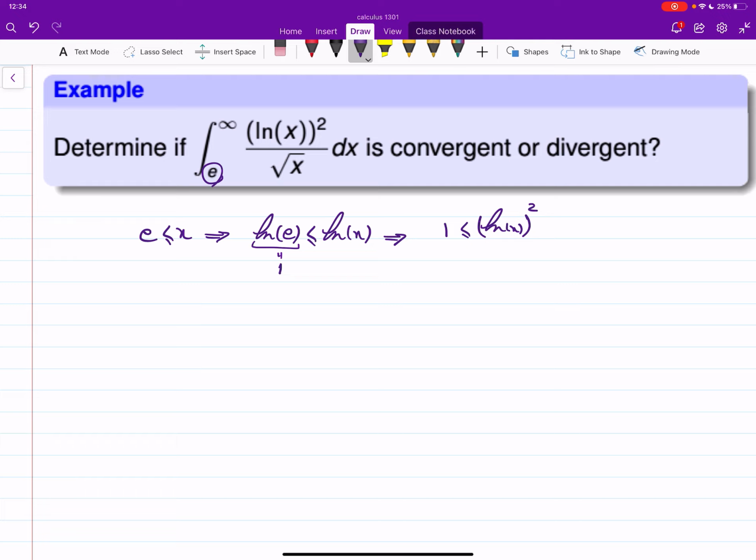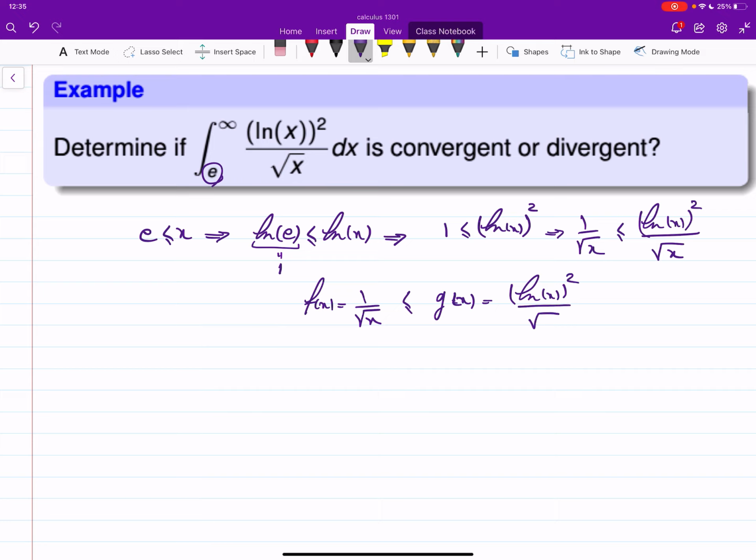Why am I doing all this? Because I want to generate our function. Now, if I divide both sides by root x, I have generated the inequality. So the lower function here is 1 over root x. The upper function is our function. So this will be something interesting if the lower function has a divergent improper integral.